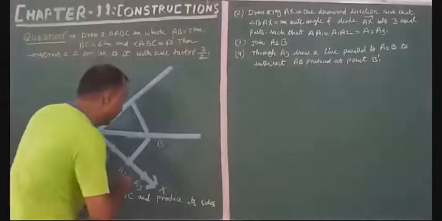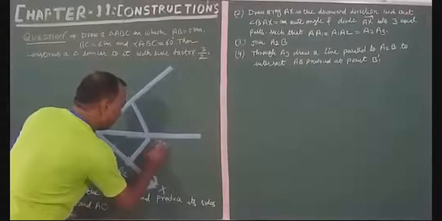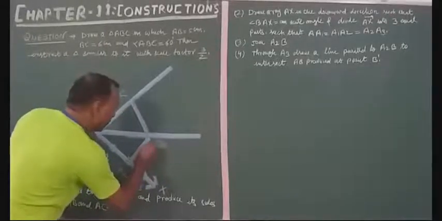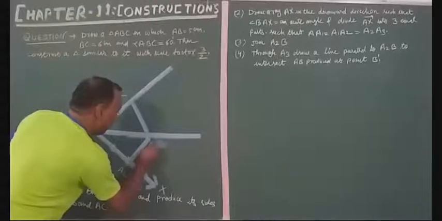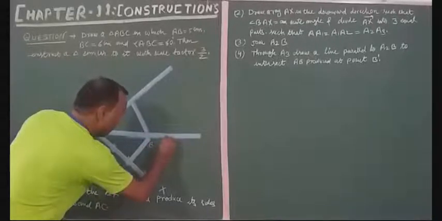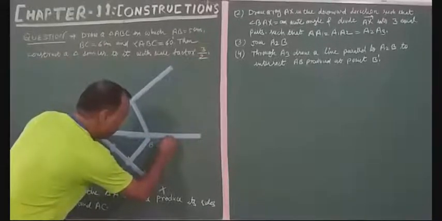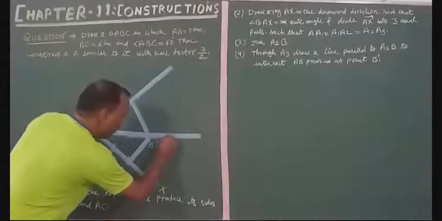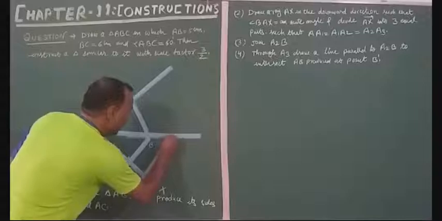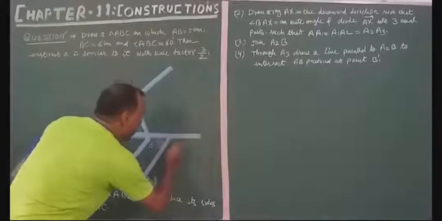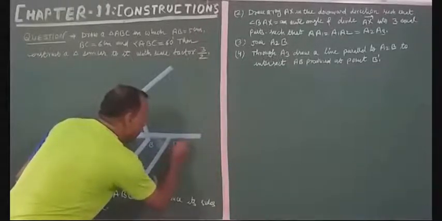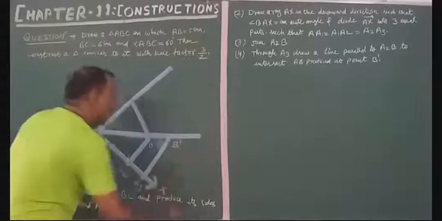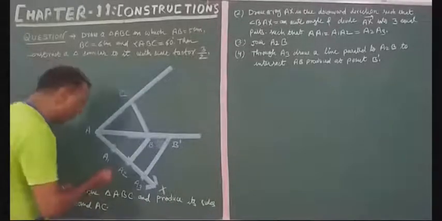Now what we will do? We will draw a line parallel to this one. This is point B. Just same as in the previous question. And where they are intersecting, I have mentioned there at point B dash. Is it okay there? These two lines are parallel.